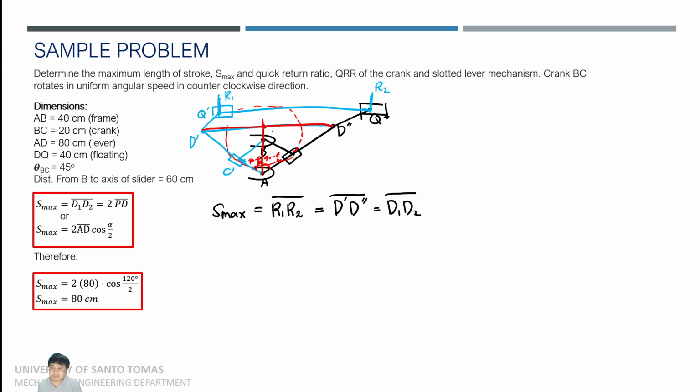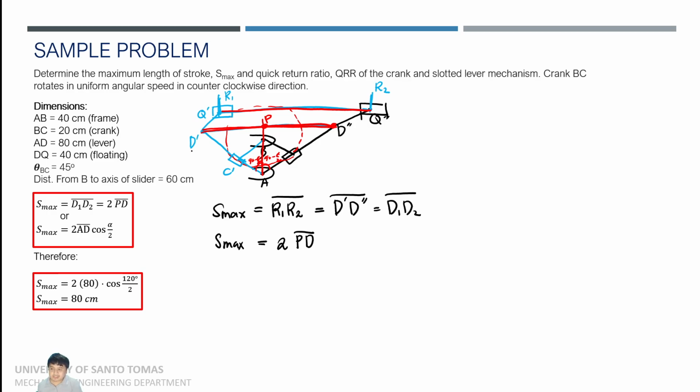So they are symmetrical. Let's say this is point P here. Again, this length right here is the same as the length here. So we can find the length PD and then multiply it by 2, since they are symmetrical.